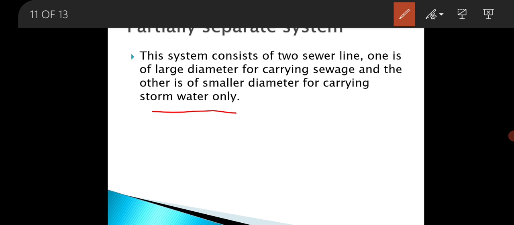That means when it rains, first the storm water is allowed to flow along with the sewage through the large diameter sewer. And when the rain continues for a long time or it rains heavily, then the excess storm water is diverted to the small diameter sewer line and it is discharged directly in the river.